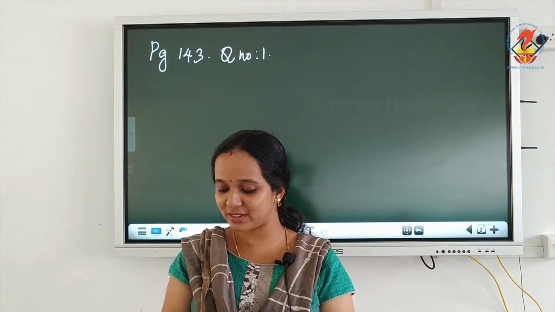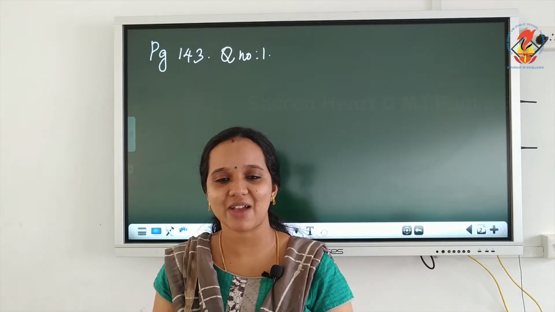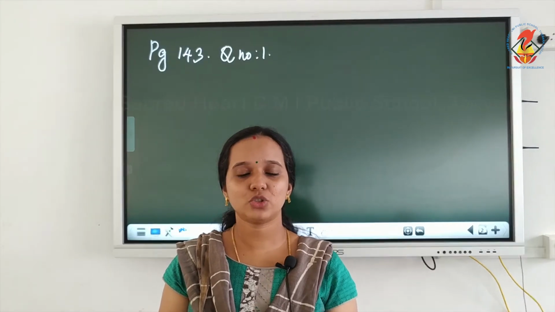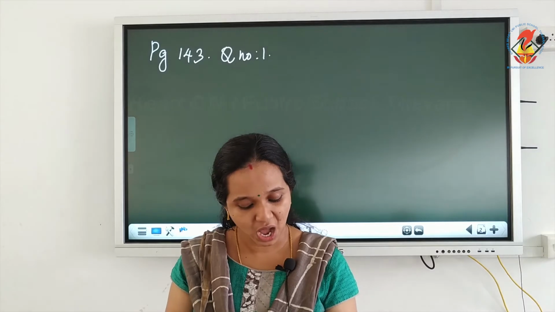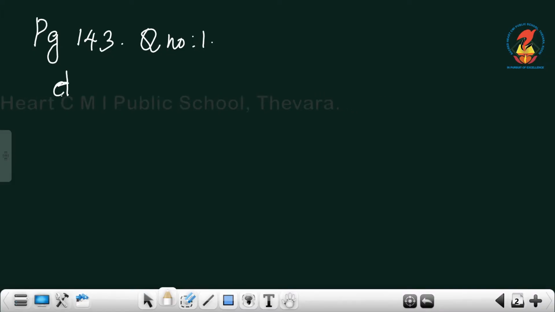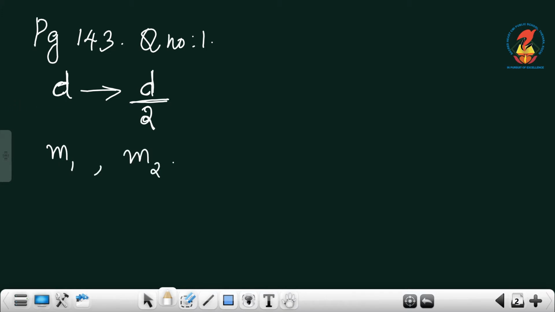So you need to find the force of gravitation when the distance between those objects is reduced to half. Here it is given that the distance between them, d, is reduced to half, means d becomes d by 2. Masses are the same, m1 and m2. You need to find the force of gravitation.